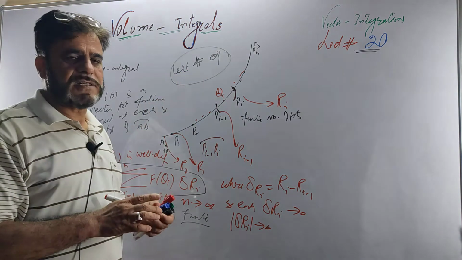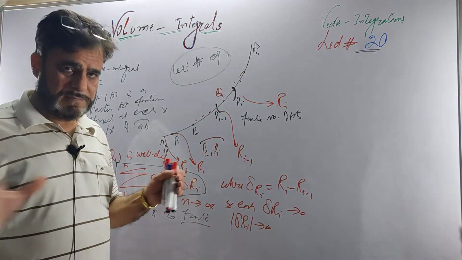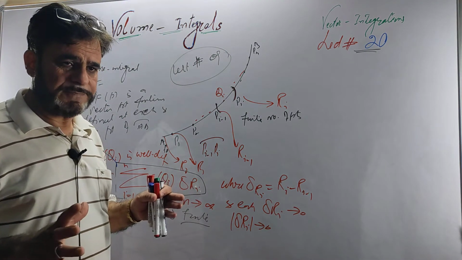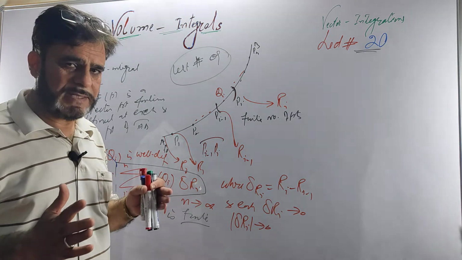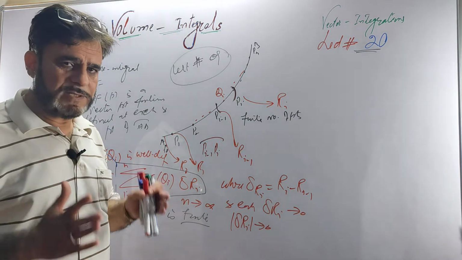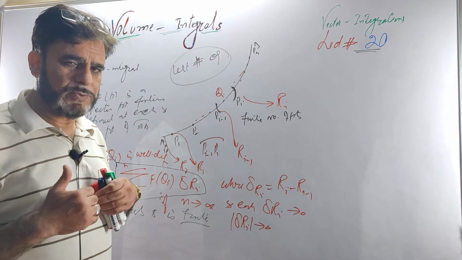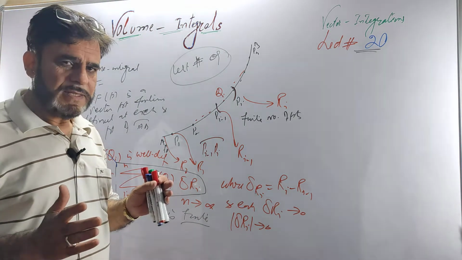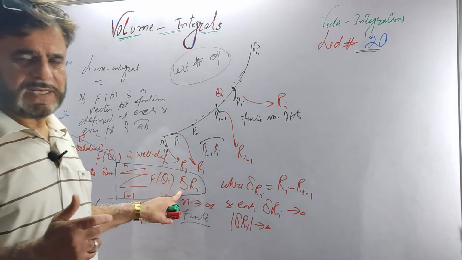Perhaps it is lecture number 9 of this playlist. I am just recapitulating that in the case of a line integral, we first make a finite number of subdivisions, then let the subdivisions tend to infinity, and the summation of products gives the line integral.